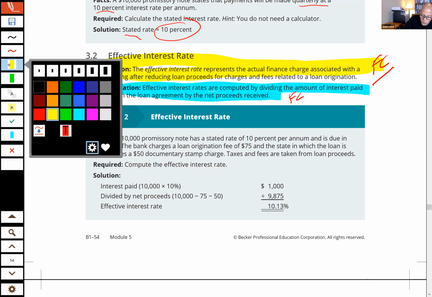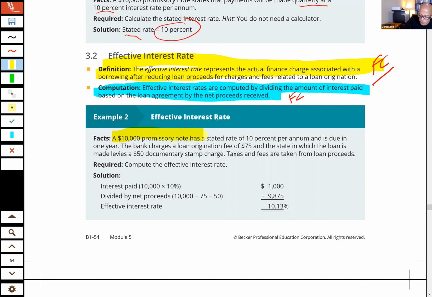So here now we have a $10,000 promissory note at a stated interest rate of 10% per annum and is due in 1 year. The bank charges a loan origination fee of $75, and the state in which the loan is made levies a $50 documentary stamp charge. Taxes and fees are taken from the loan proceeds to calculate the effective rate.